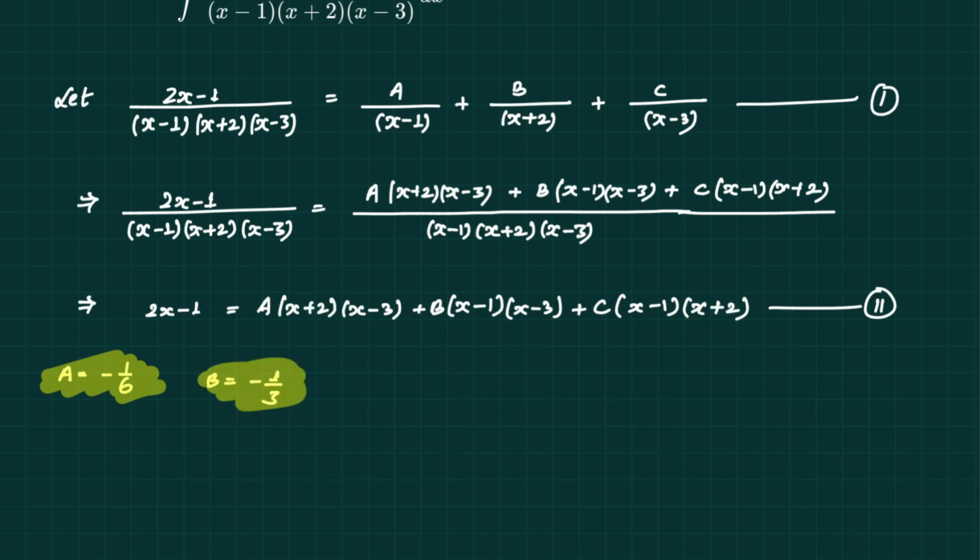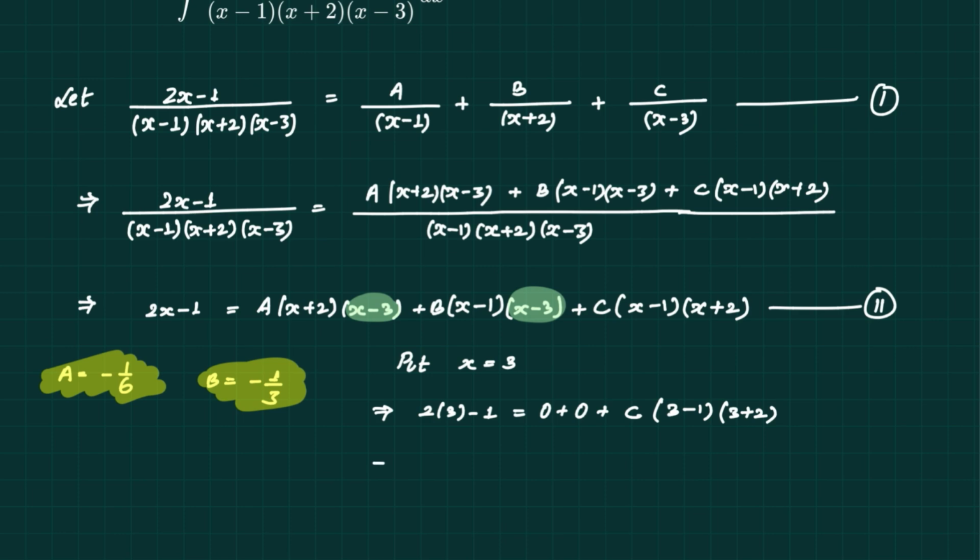Now in order to find the value of c, we put x equals to 3. On doing so, this 3 minus 3 will be 0 and here 3 minus 3 will be 0. So putting x equals to 3 in equation 2, we have 2 into 3 minus 1 equals 0 plus c into (3 minus 1) into (3 plus 2).